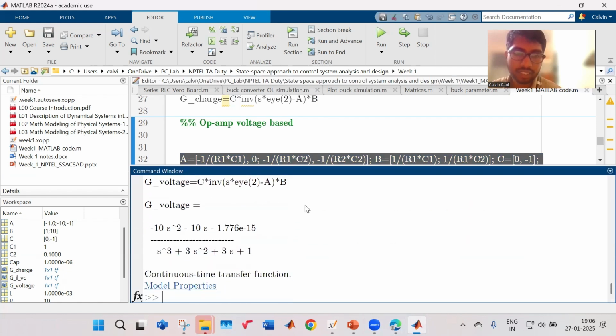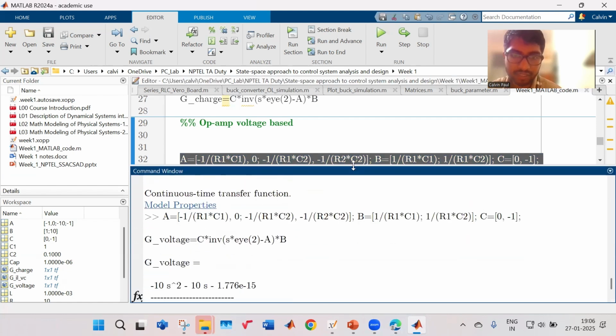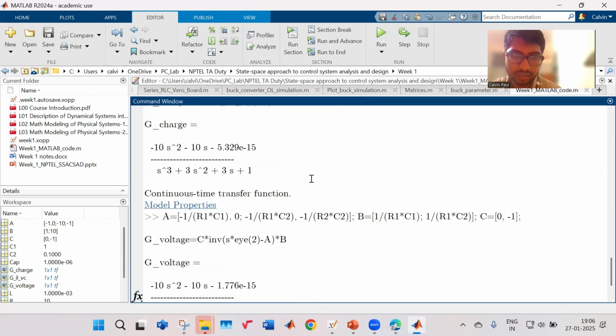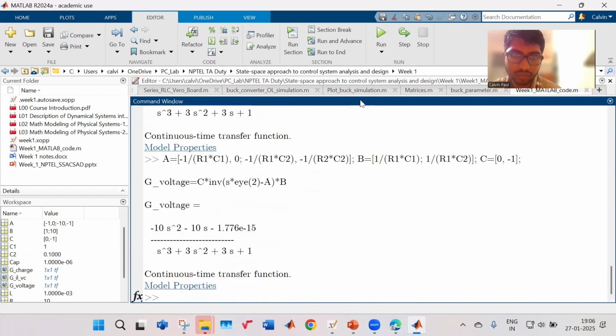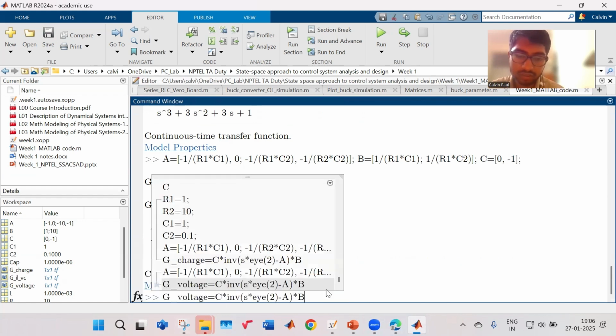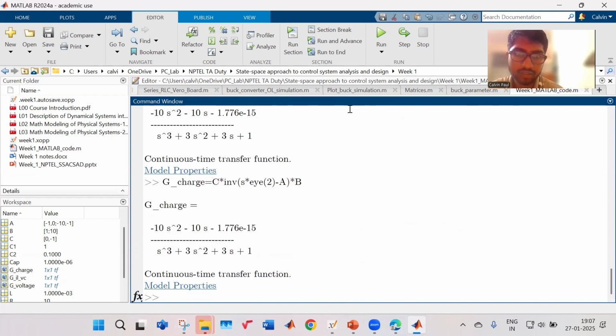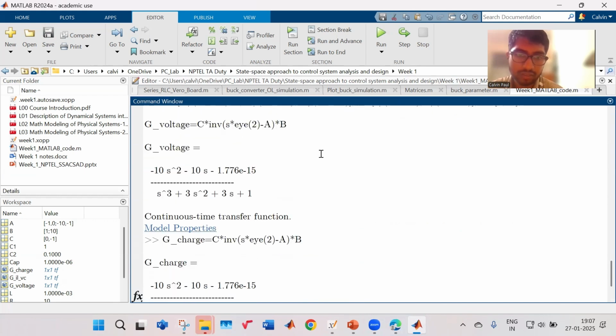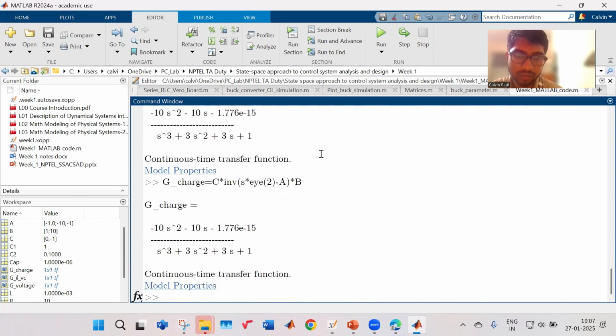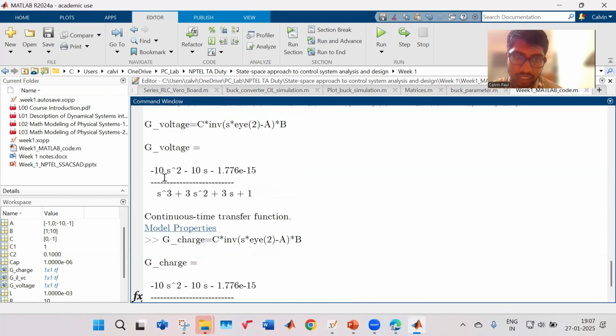Okay, so I would like to highlight something, as it is not very clear for you guys. Let me do one more thing. This is my G charge transfer function, and this is my G voltage transfer function.